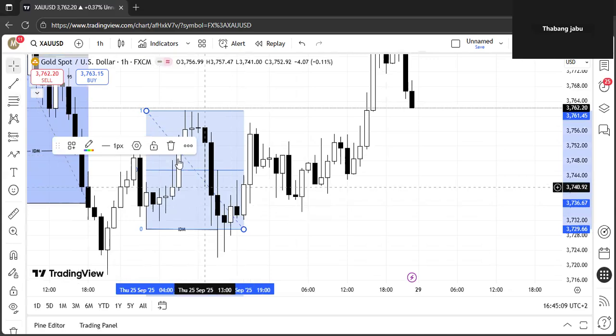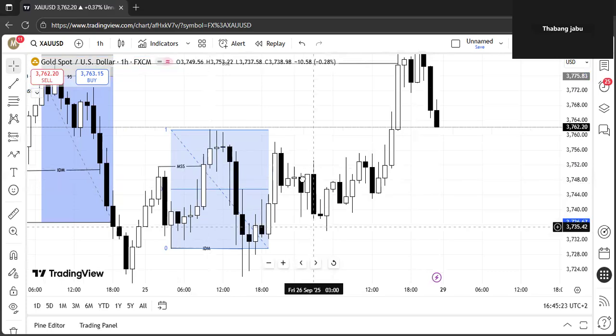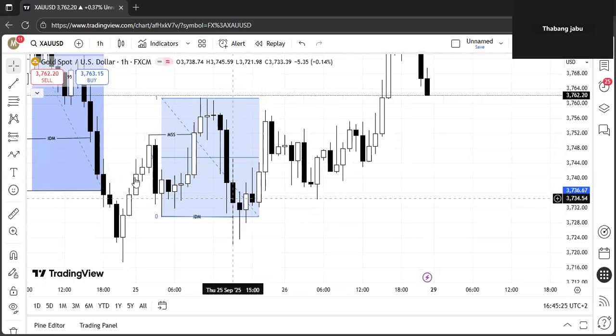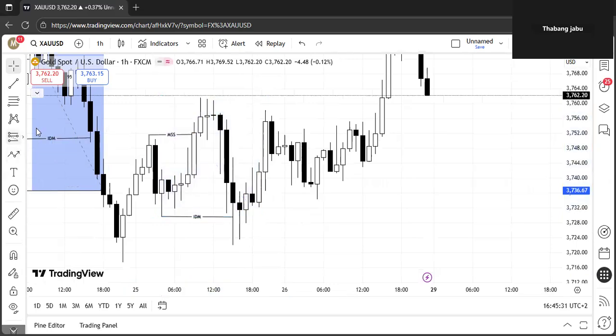And then the fair value gap is above our equilibrium point, which is the 0.5. Therefore, it's in the premium zone. Therefore, it's not a good entry point. So it means we're going to take our trade at the inducement. This is how we got the trade.